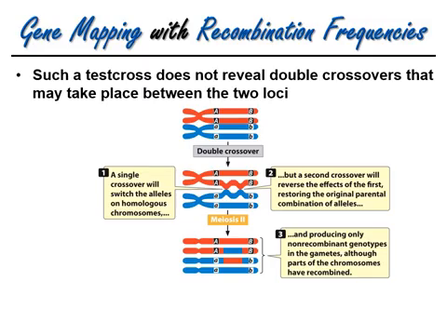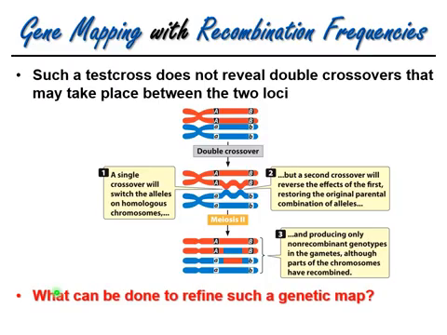When classifying our progeny, we'd say, oh, zero recombination, because the parental genotypes gave rise to the parental phenotypes. Those all just stayed the same, producing only non-recombinant genotypes in the gametes. All those parts of the chromosomes have been recombined, but we wouldn't notice it. So what could be done to refine such a genetic map?